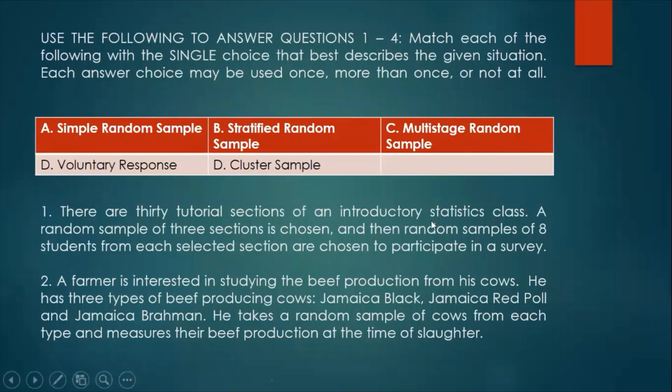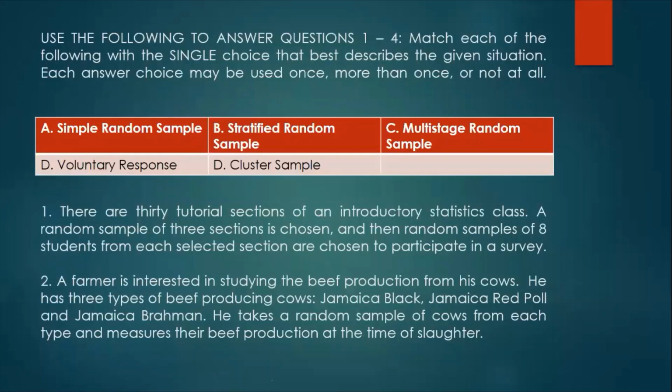What is this scenario describing? Guys, this is where you participate. This is where you send in your answer. Is it describing a simple random sample, a stratified random sample, multi-stage random sample, voluntary response, or a cluster sample?